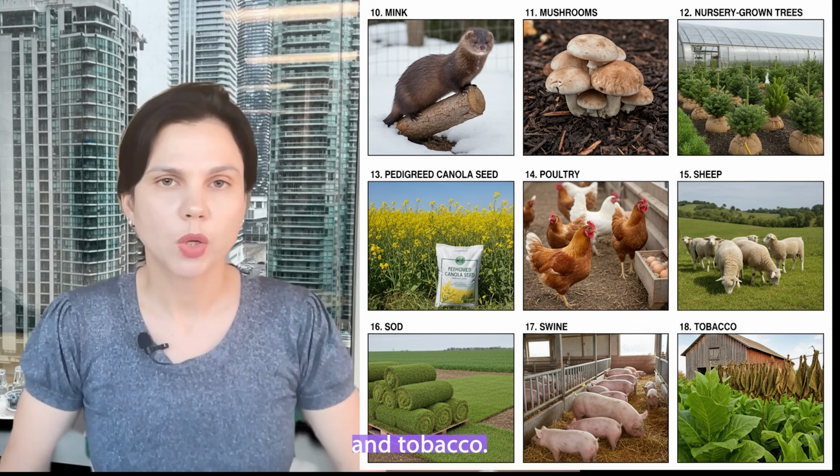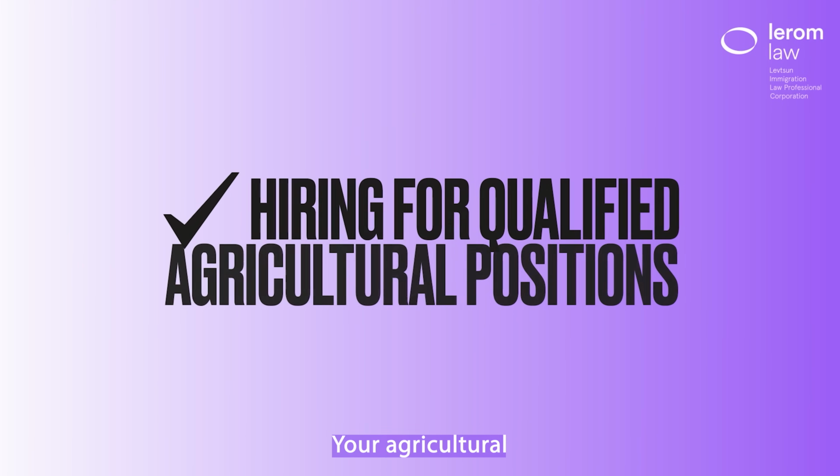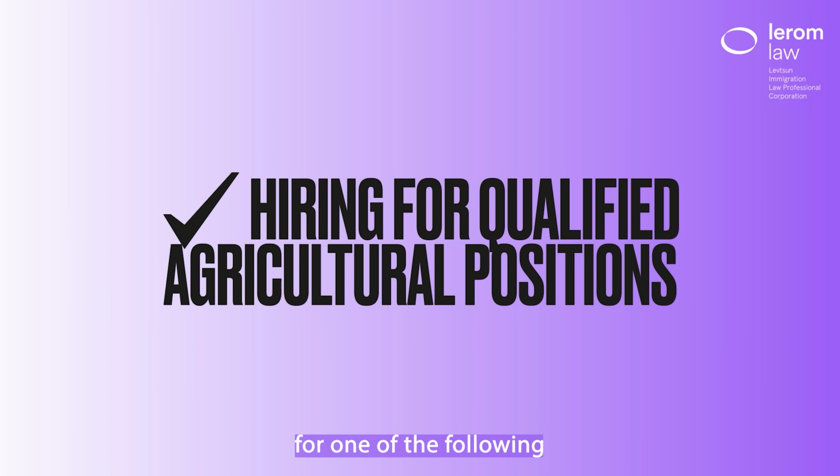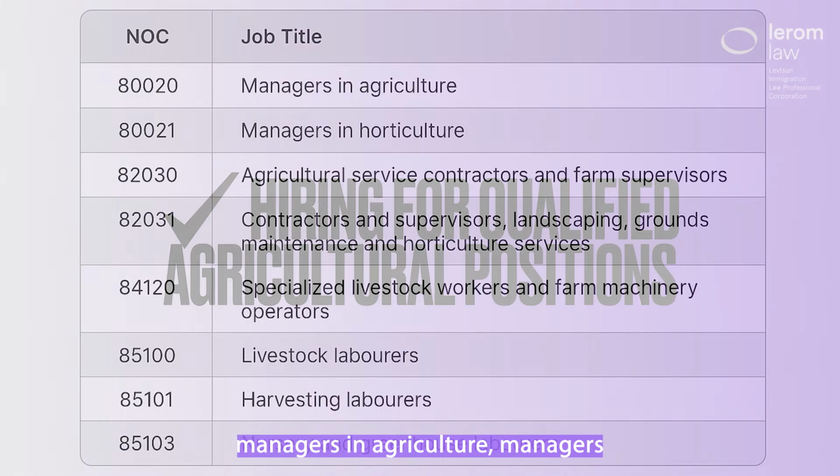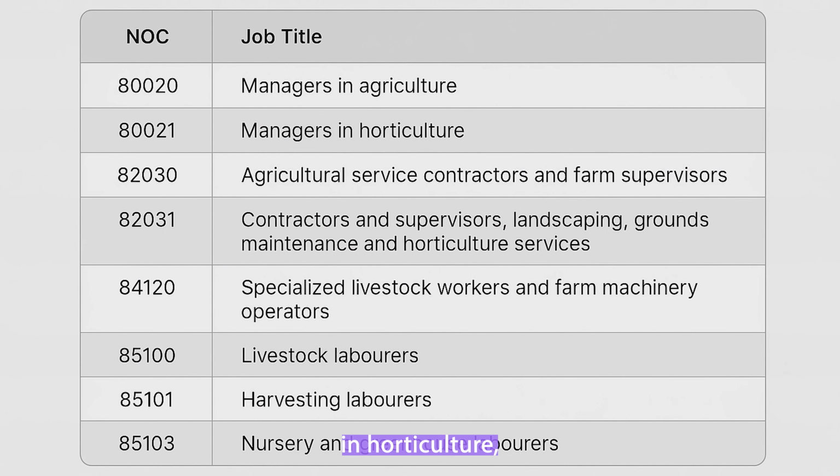swine, and tobacco. Your agricultural business must be hiring for one of the following essential qualified agricultural positions: managers in agriculture, managers in horticulture, agricultural service contractors and farm supervisors, contractors and supervisors, landscaping, ground maintenance, and horticulture services, specialized livestock workers and farm machinery operators, livestock laborers, harvesting laborers, and nursery and greenhouse laborers.